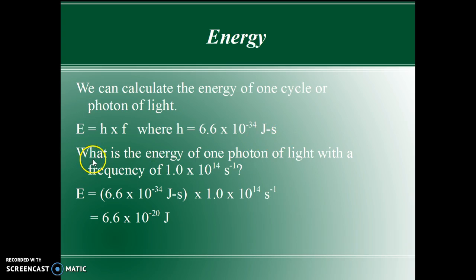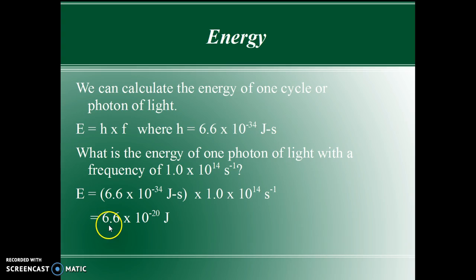So if we ask the question, what is the energy of one photon of light with a frequency of 1.0 times 10 to the 14th reciprocal seconds? Very easy. We simply multiply Planck's constant times the frequency, 1 times 10 to the 14th reciprocal seconds, and 6.6 times 1 is 6.6. 10 to the negative 34, we're going to add the 14 exponent to that, and we're at 10 to the negative 20th.